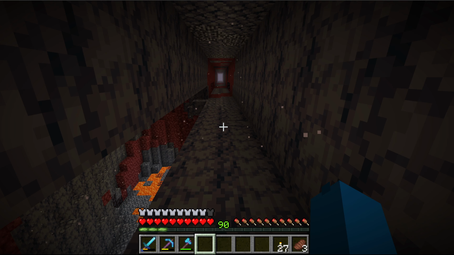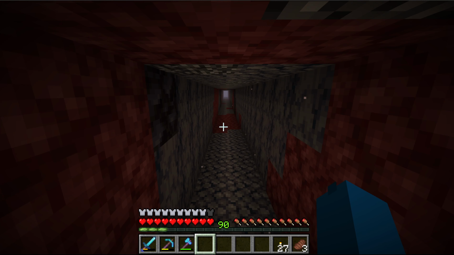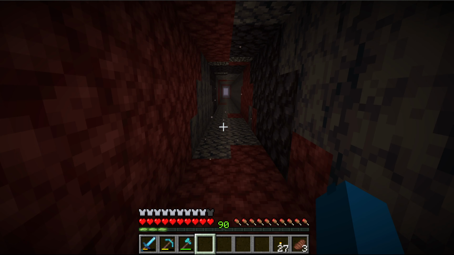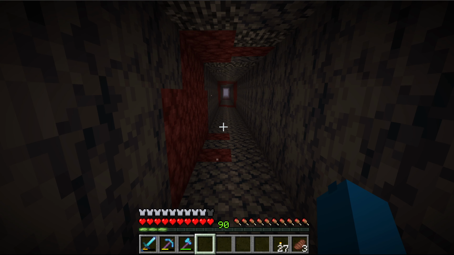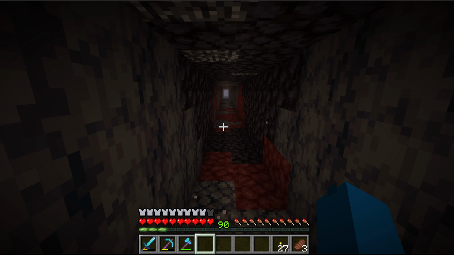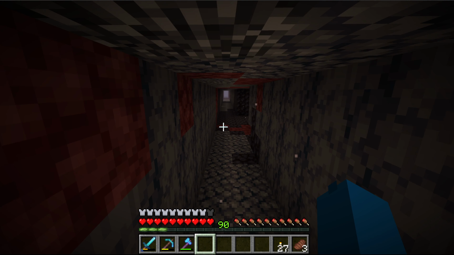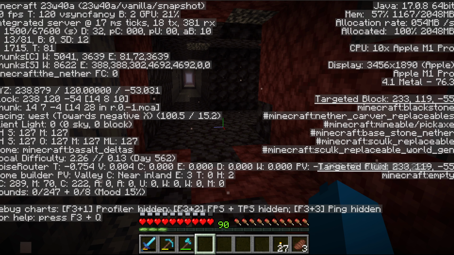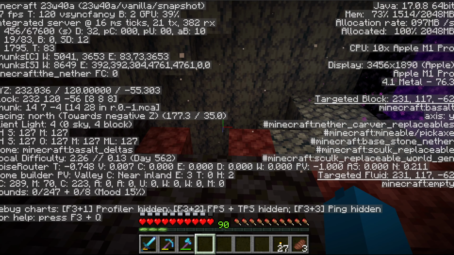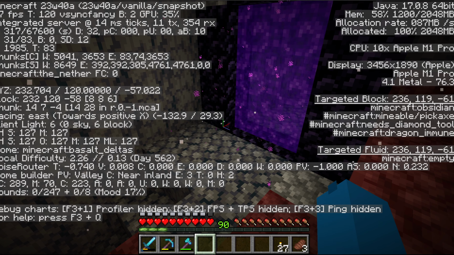So we're going to take two coordinates and figure out how to do this. For example, we have our base here. You're going to press F3 to use the keyboard control with the F buttons.